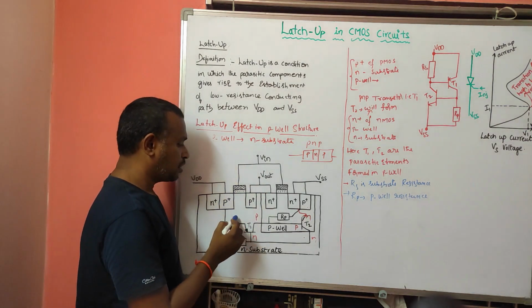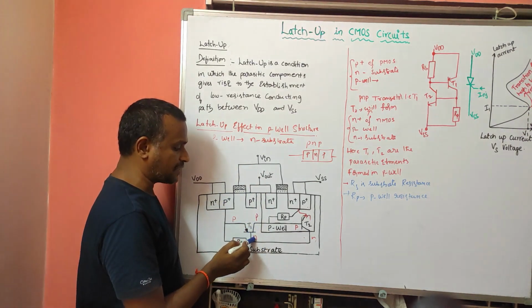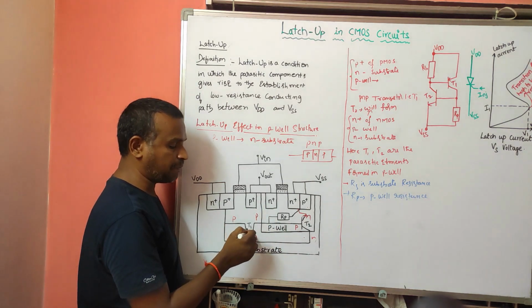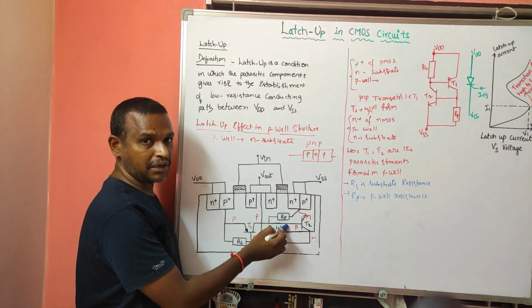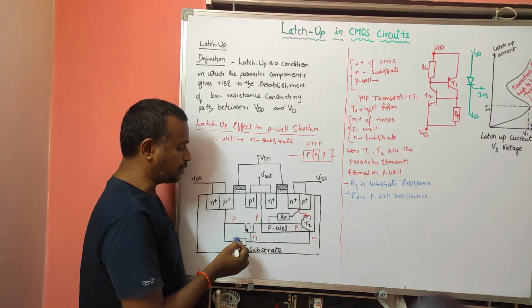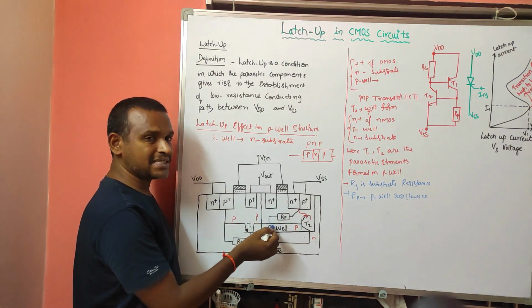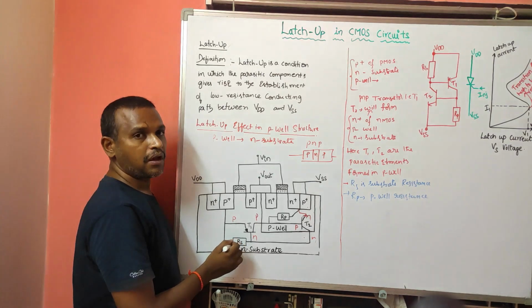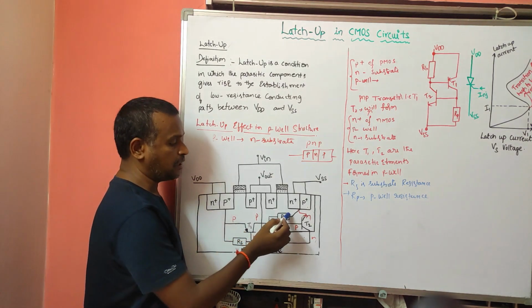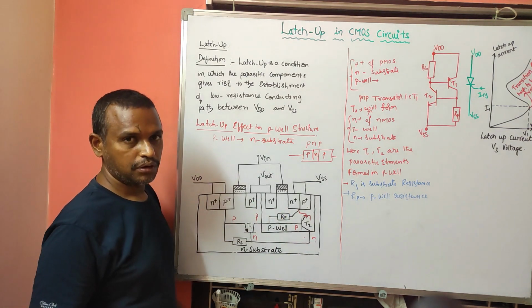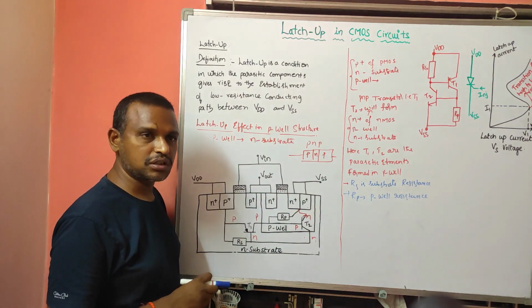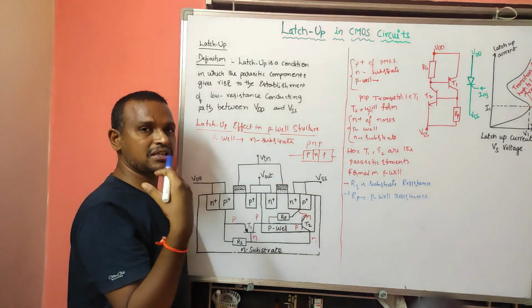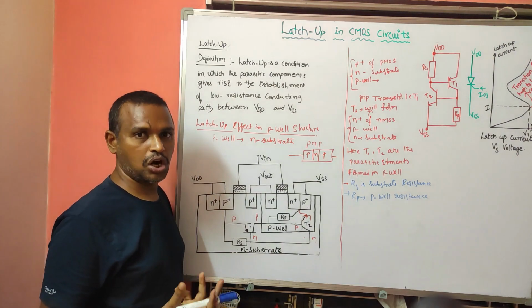Because of the N substrate and P well, we have a PNP transistor, one parasitic element, and another parasitic element is T2. And we have RS and RP, the resistances of the N substrate and the P well. In the reverse case, we can extend the discussion for the latch-up effect to the N well structure also.